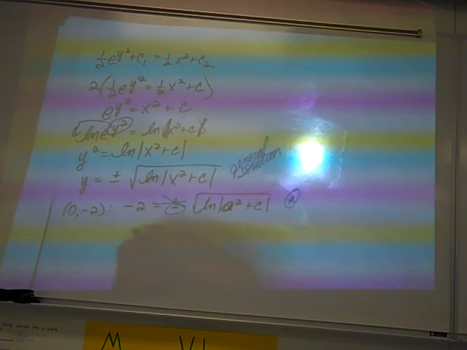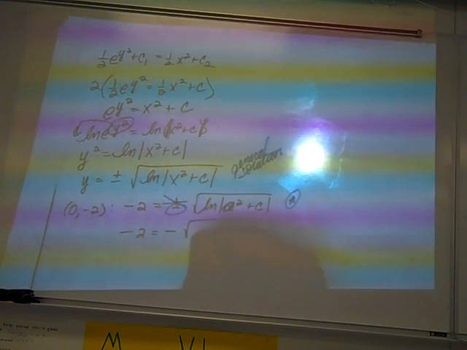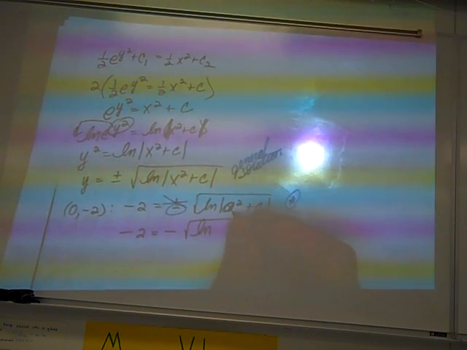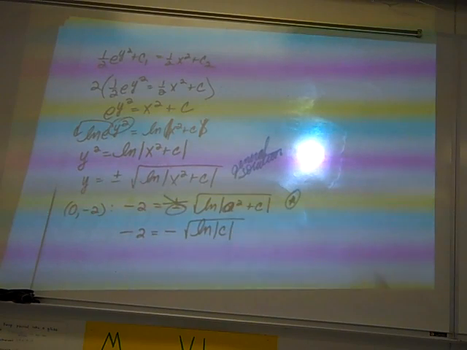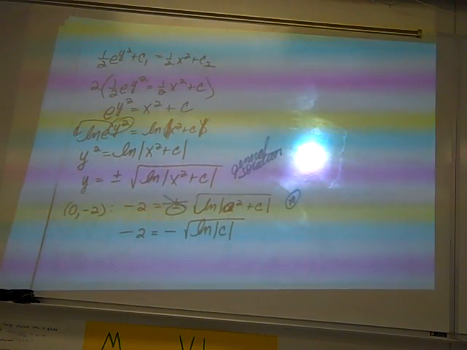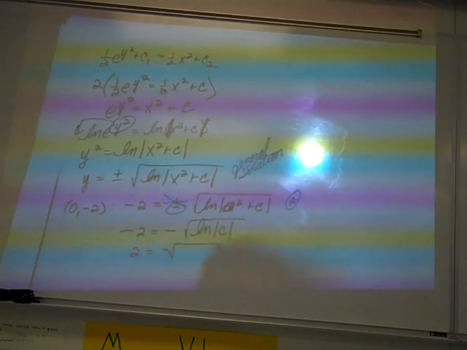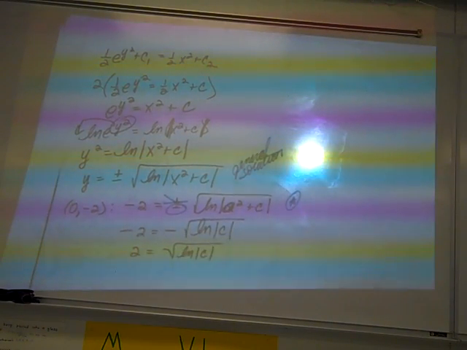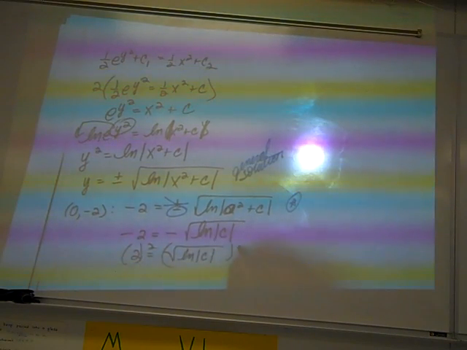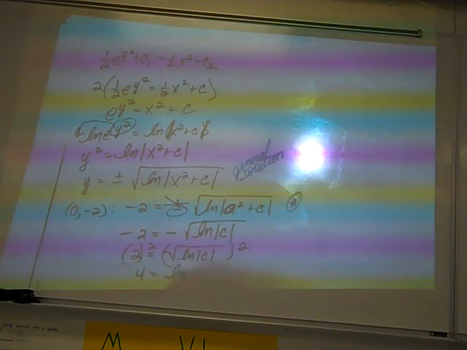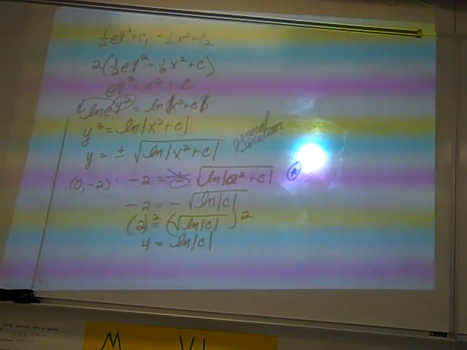So from now on, we have the equation negative 2 equals negative the square root of the natural log of 0 squared plus c, which is negative the square root of the natural log of c. Let's see, I can make that 2 equals the square root of the natural log of the absolute value of c. I can square both sides, and we get that 4 equals the natural log of the absolute value of c.